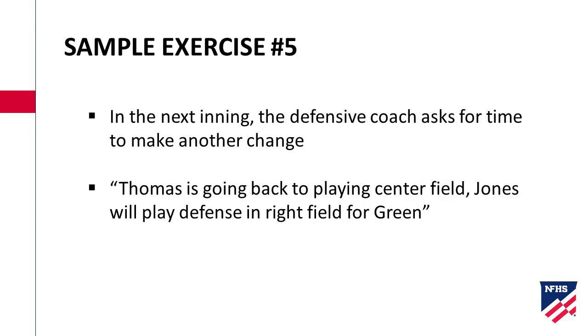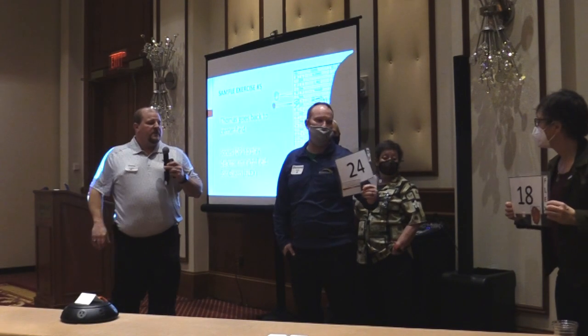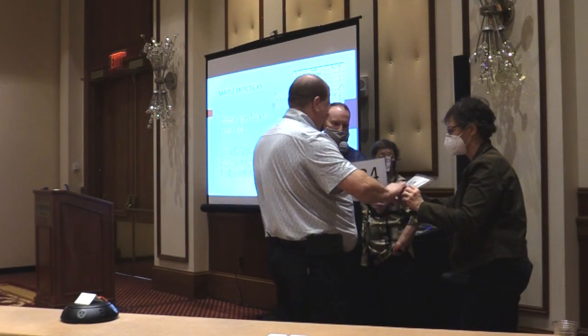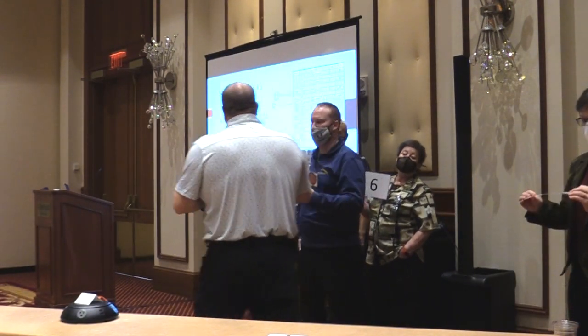Exercise 5, the next inning, defensive coach asks for time again. Thomas is going to go back to play center field. Jones will play defense for Green in right field. So as they're starting to do already, Thomas takes that mitt back. Now they're back to doing both jobs. And at this point, we're going to steal the mitt from Rachel, and we're going to give the Flex's mitt to the DP.